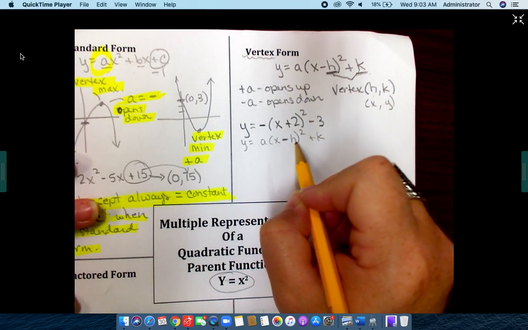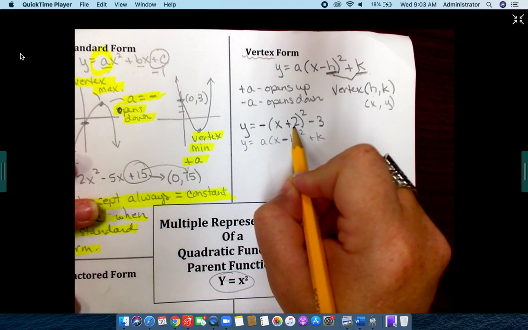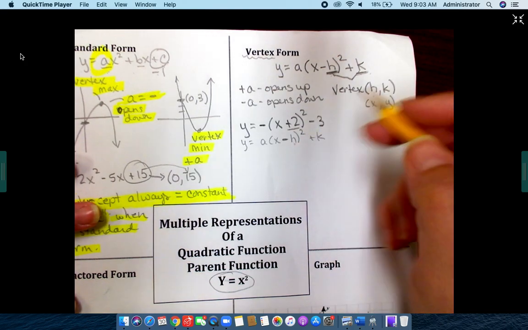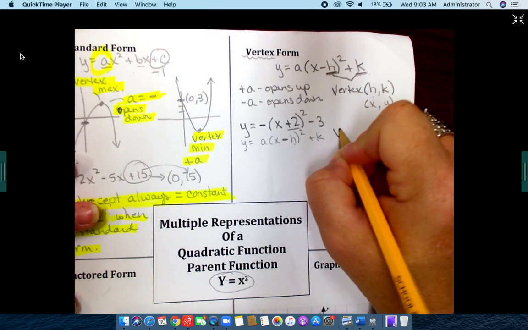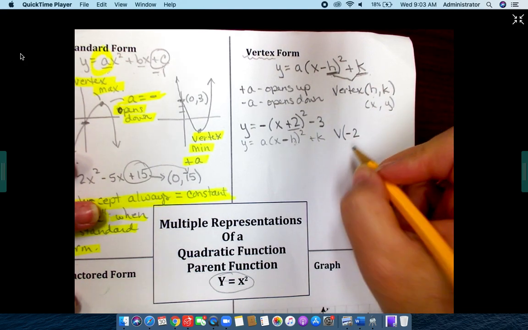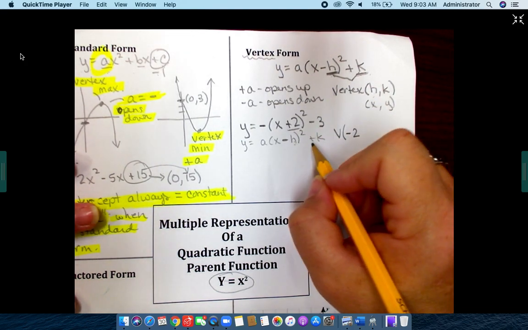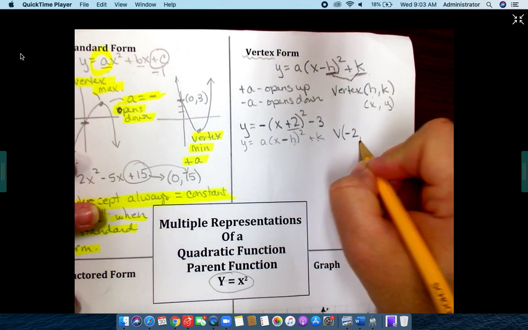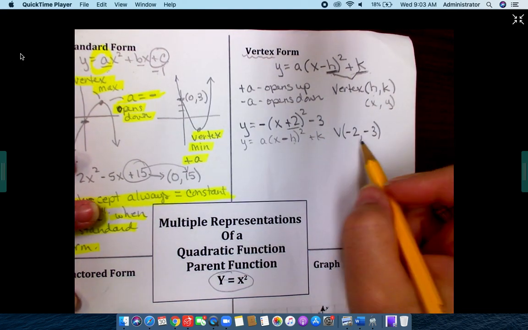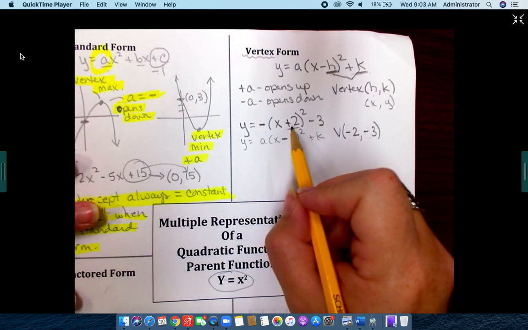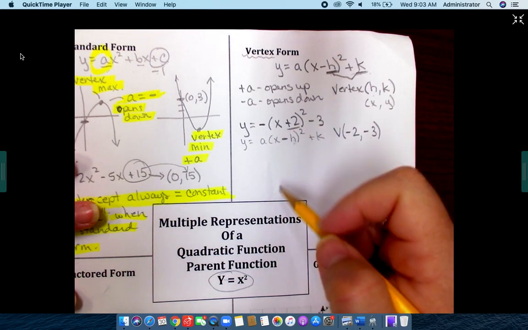So what would h need to be for this to have changed to a positive 2? Well, that would mean that h value is actually a negative 2. I'll explain that in a second. The k value is positive k, but now it's a negative, so it's going to be negative 3. So you're probably wondering, how do I get negative 2 and negative 3 when up here it had a plus 2 and a minus 3?